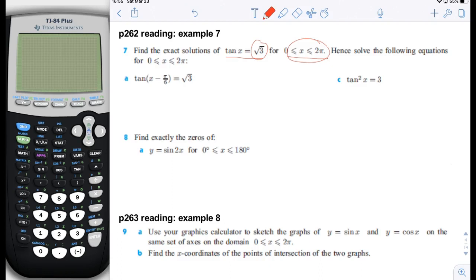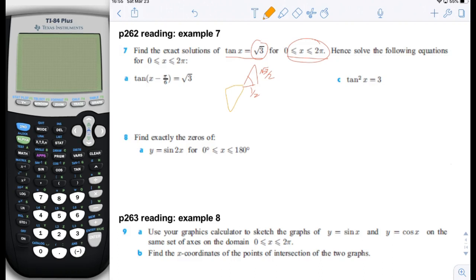The triangle which has a tangent of square root of 3 would be this triangle here, square root of 3 over 2 on the opposite and 1/2 on the adjacent. So that would be a 60-degree triangle, also known as pi over 3. And there would also be a solution which would be this triangle here, which would be 180 degrees plus 60 degrees, also known as 4/3 pi.